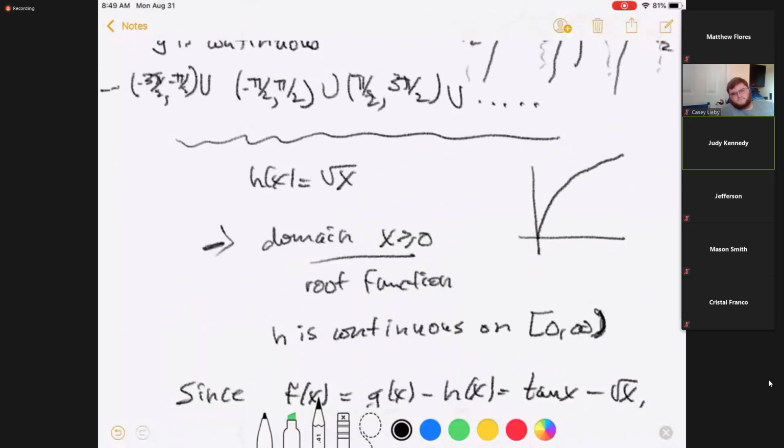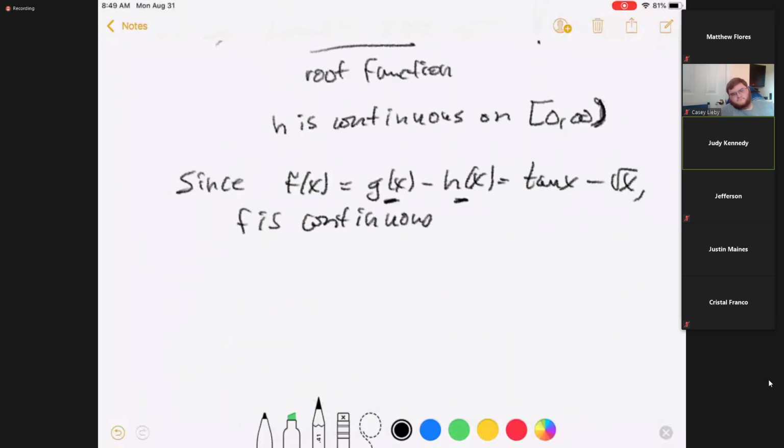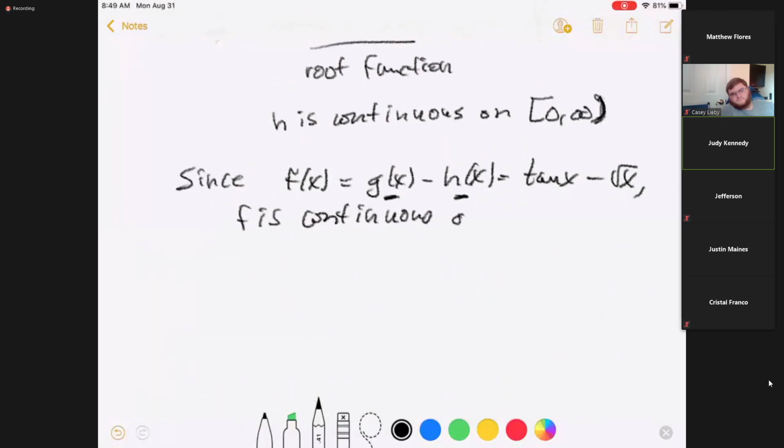But let's see, all these intervals, this one's going to be halved, because from minus pi over 2 up to 0 we get negative numbers. Putting all that together, f is continuous on 0 to pi over 2.